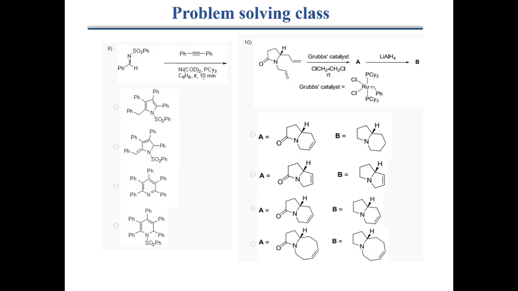So it will form a 2+2+1 cycloaddition product with nickel. So this will go this way, this will go this way, and this will go this way. So 2+2+1.